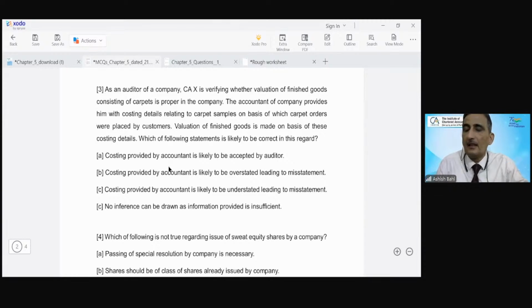And this option is D, guys, not C here. Mentioned wrongly here.